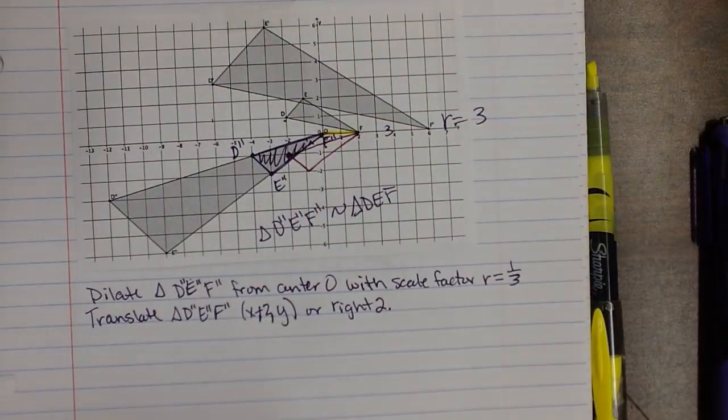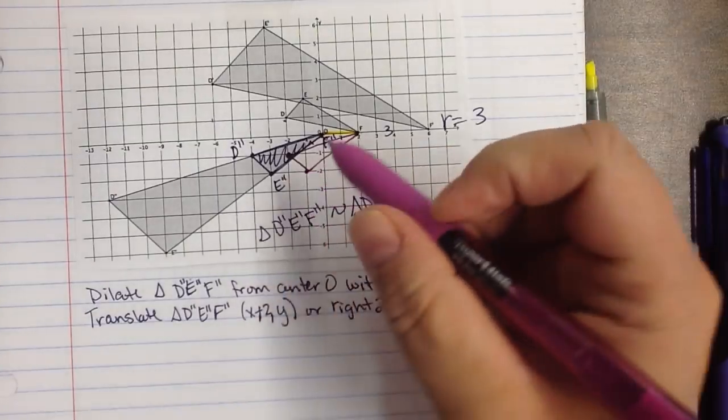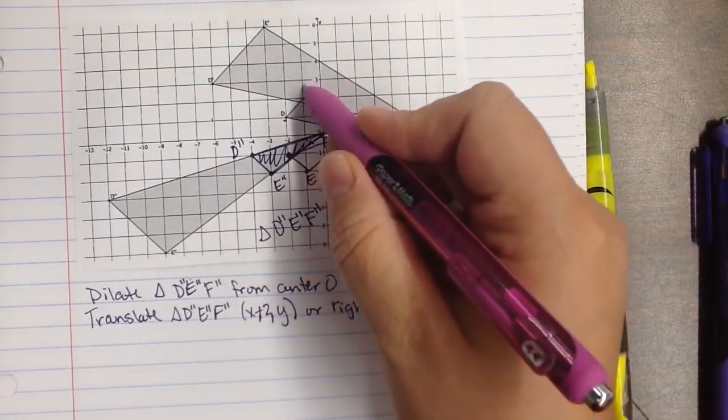Here, and we could reflect it because E is at the bottom and we want it to go to the top.